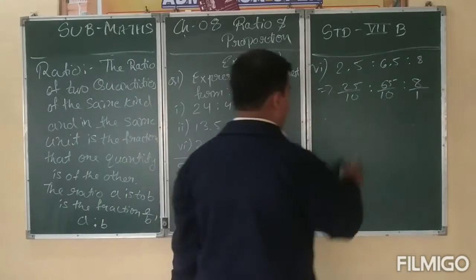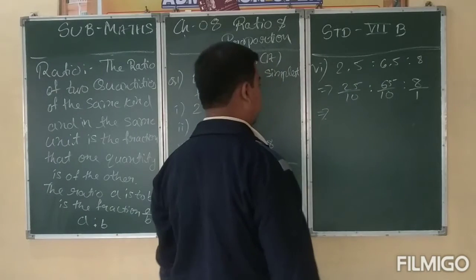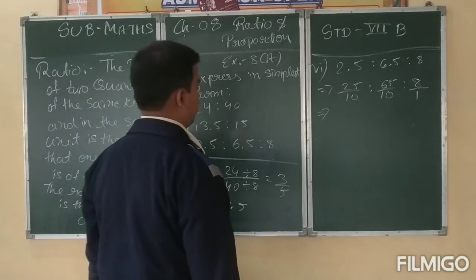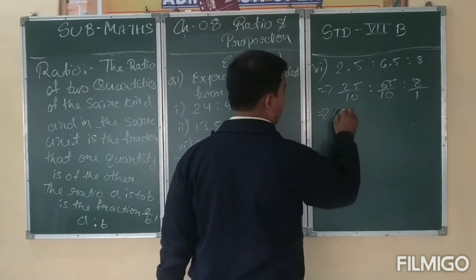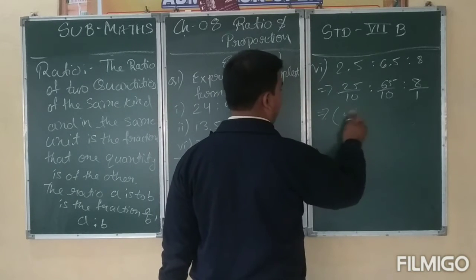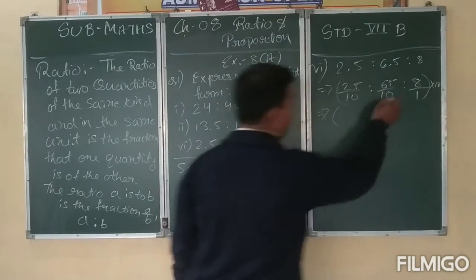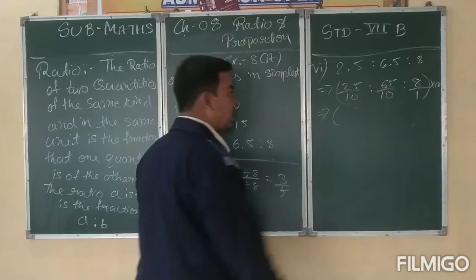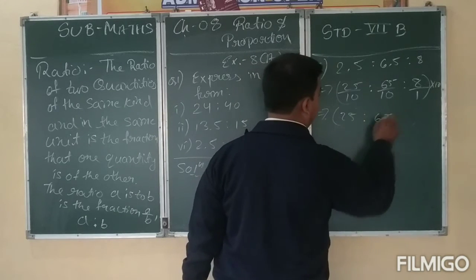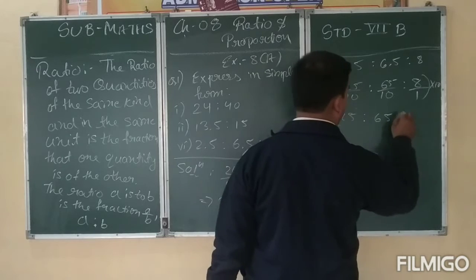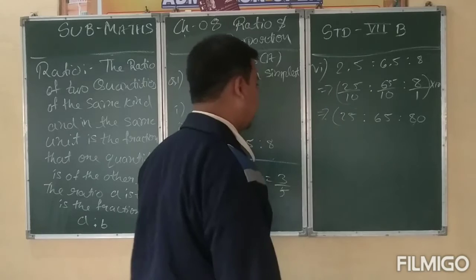Now all the numbers are multiplied by 10, because the denominator is 10. 10 is cut: 25 ratio 65 ratio 80.